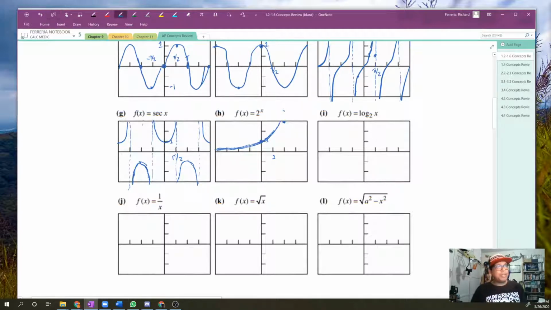Okay, now log base 2 of x. Let's remember a few things about it. First of all, if y is equal to log base 2 of x, that means that 2 to the y power is equal to x.